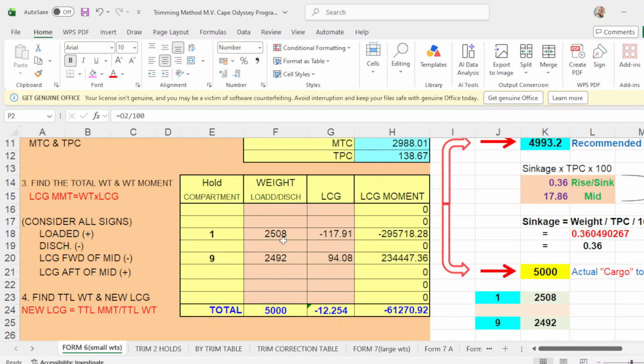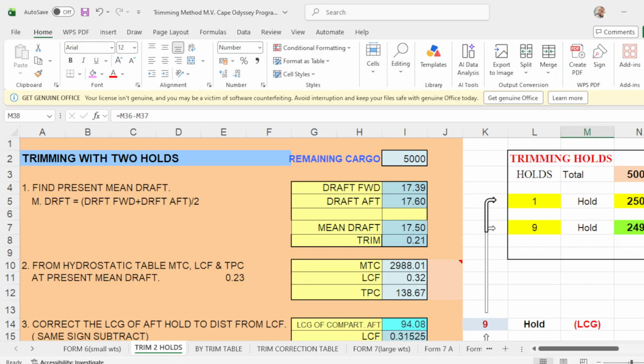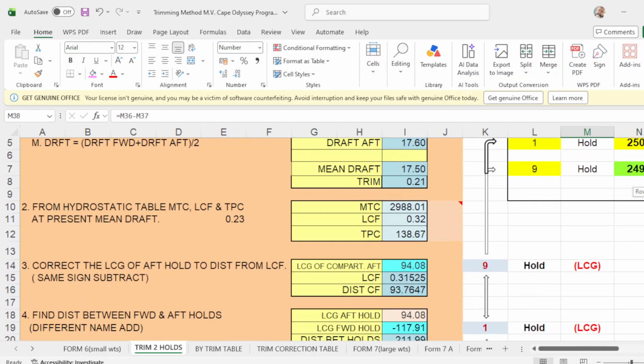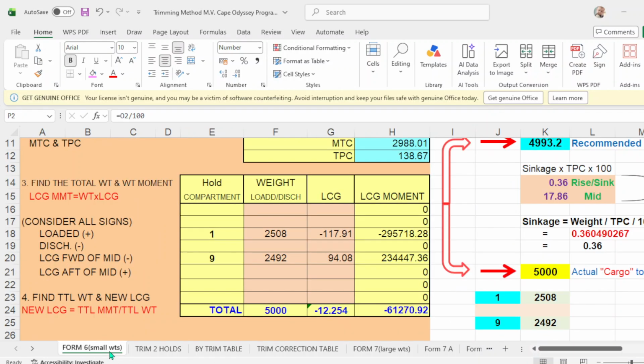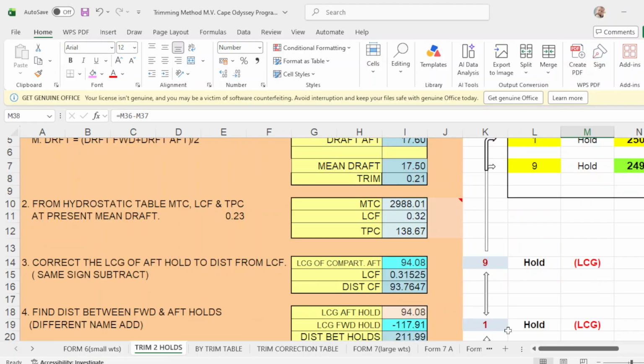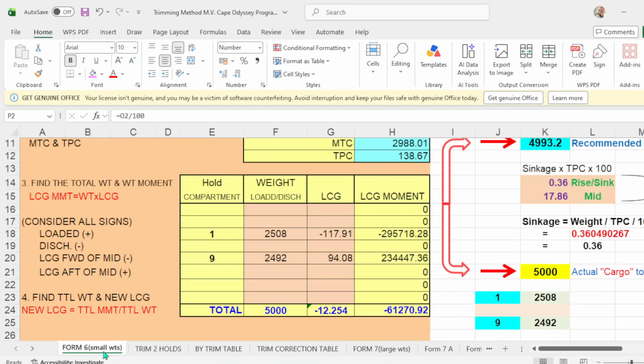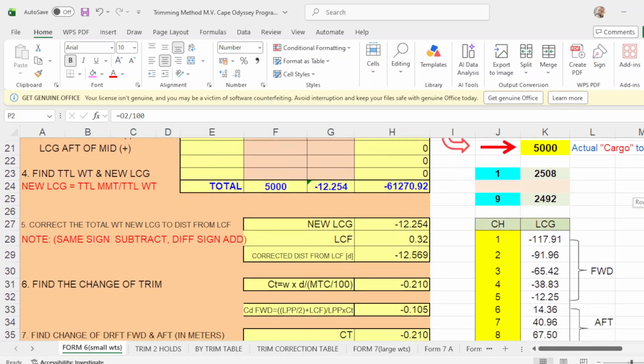Check the LCG. Okay, number 1 is 117.91 and number 9 is 94.08. Okay, confirm.